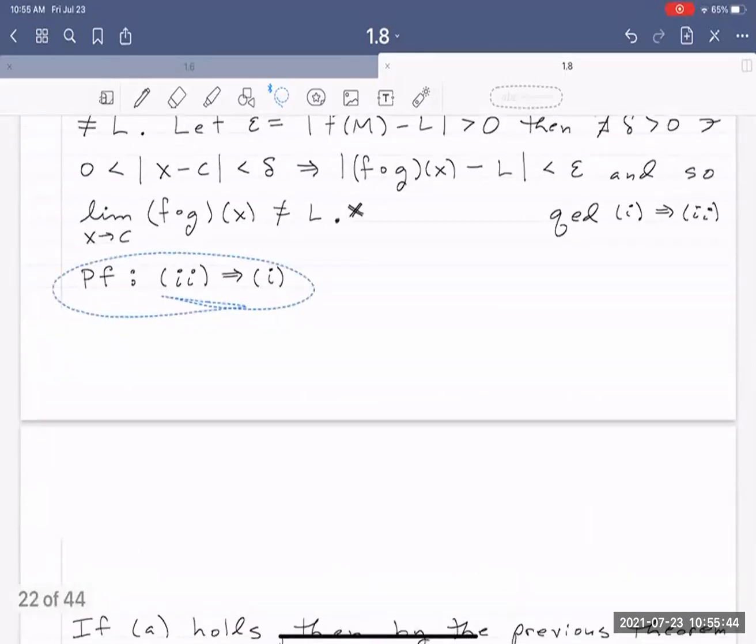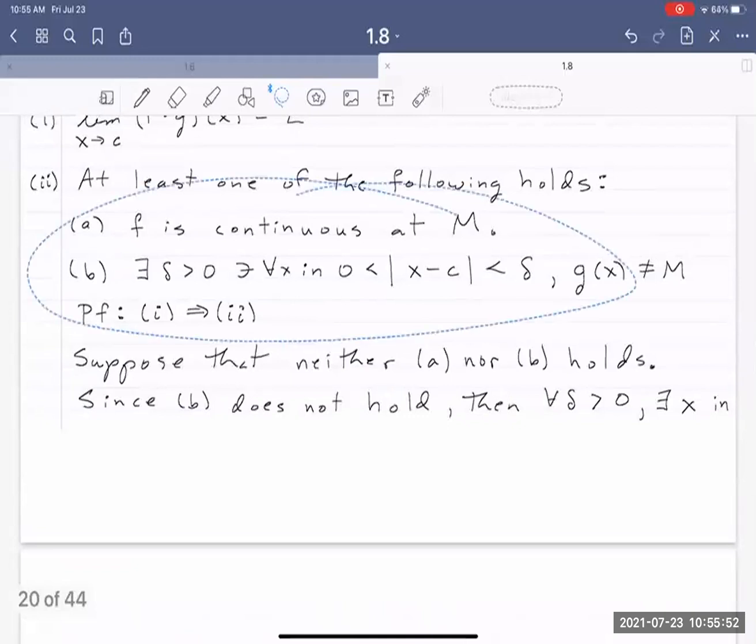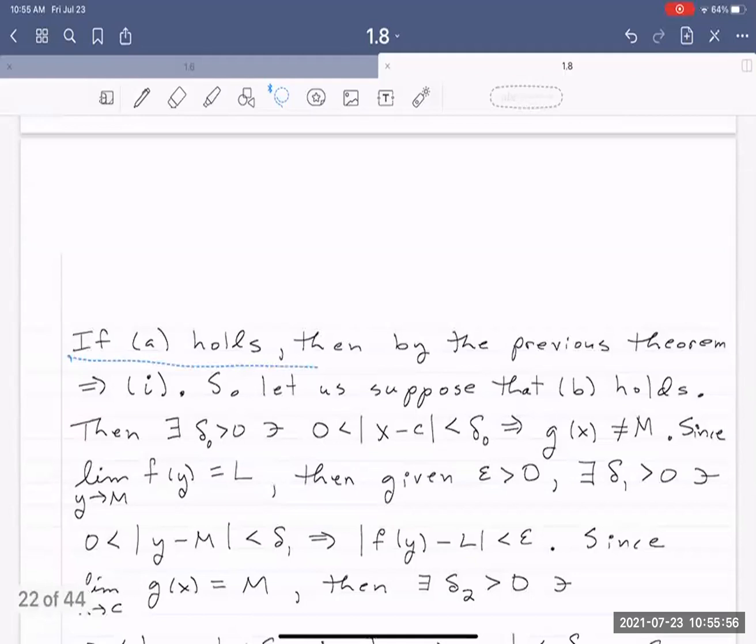Now let's try to prove that 2 implies 1. So let's suppose that at least one of these holds. If the first one holds, then by the previous theorem, we've shown that 1 holds.